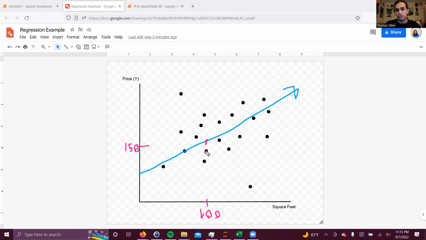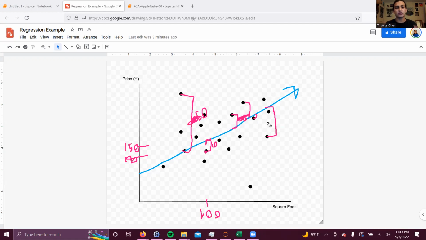But we have an actual house that sold for $140,000, so the residual here is 10 because we guessed $10 more than there actually was. The residual here would be like, let's say, -15. The residual here would be massive, maybe -$50,000 off. So it does all of these residuals. It squares them, so it multiplies them by themselves so that these negative signs go away.